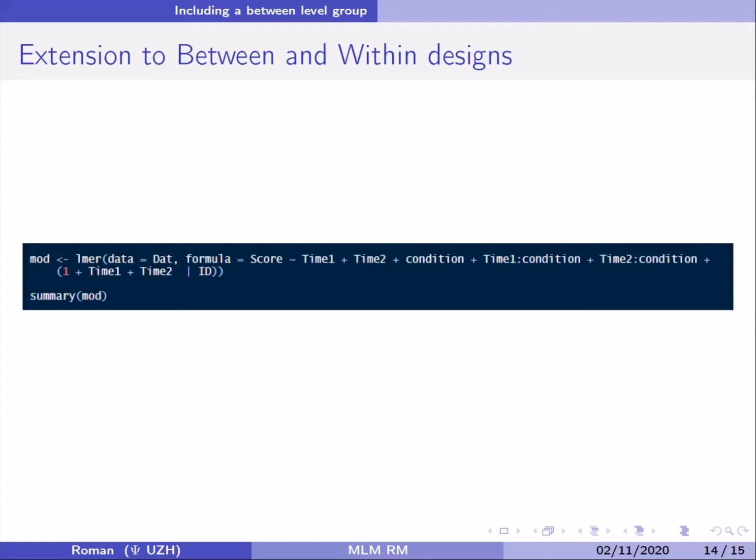It's just a dichotomous 0, 1. Then we have an interaction between the condition group and the first slope, and the condition group and the second slope. We then have, in this formulation, just the random intercept and random slopes of time. Now, we could also include random slopes of the interaction terms, and I'll talk a little bit about what that would mean.